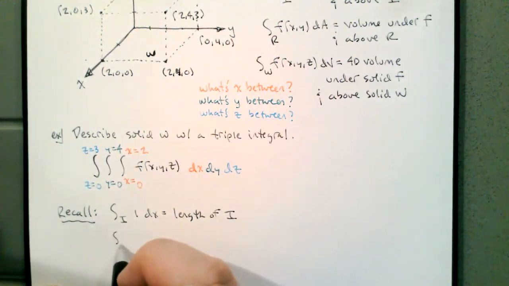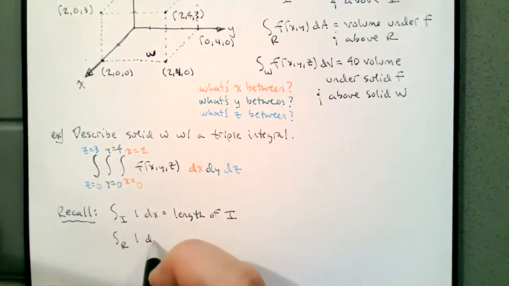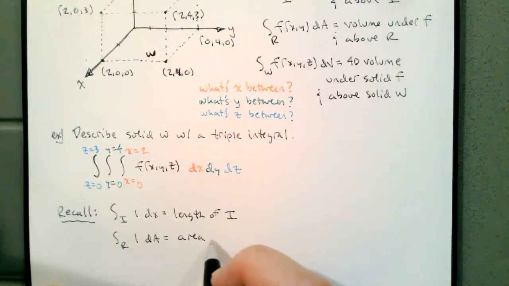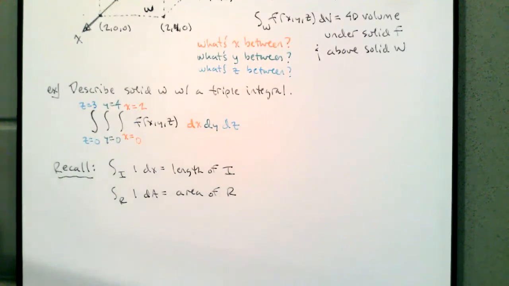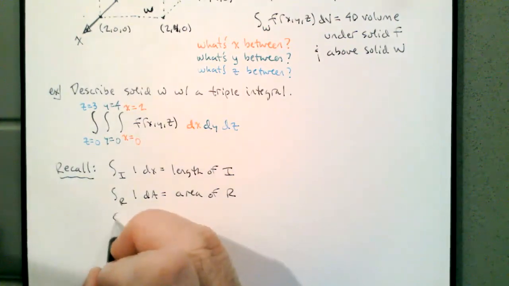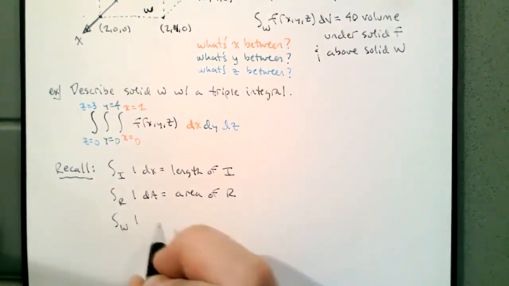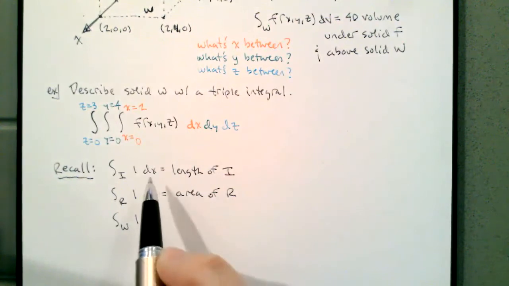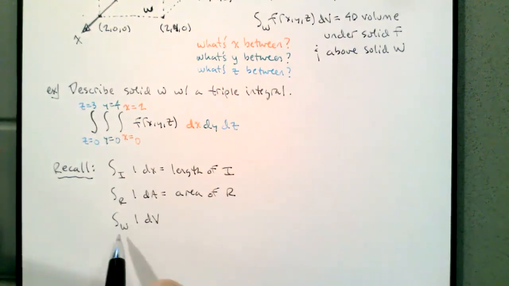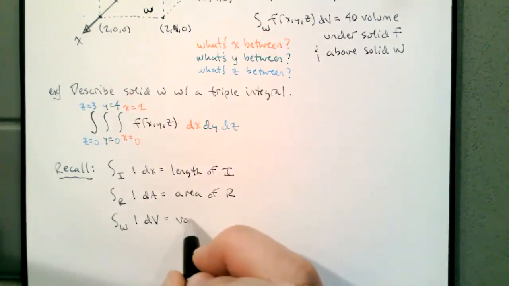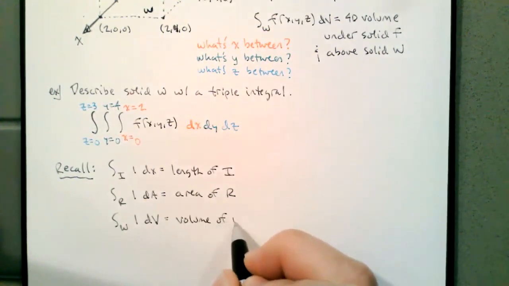If we integrate over a region the function 1 dA, that will give us the area of the region. Give you a few seconds to figure out what's coming next. If we integrate over some solid W the function 1, I've gone from length to area, so I'm integrating little chunks of volume. If I integrate the function 1 dV over a solid W, that will give us the volume of the solid W.